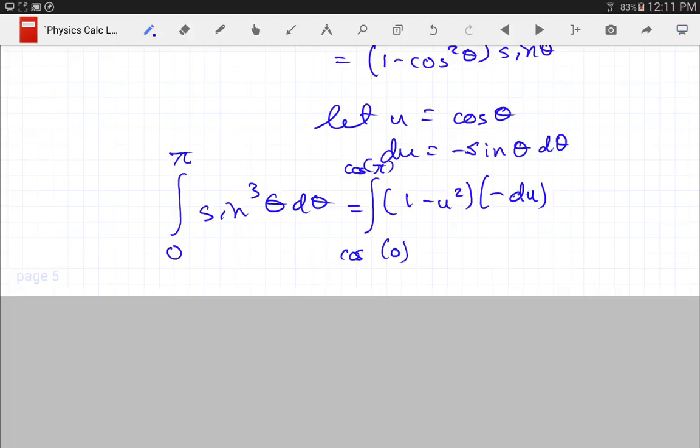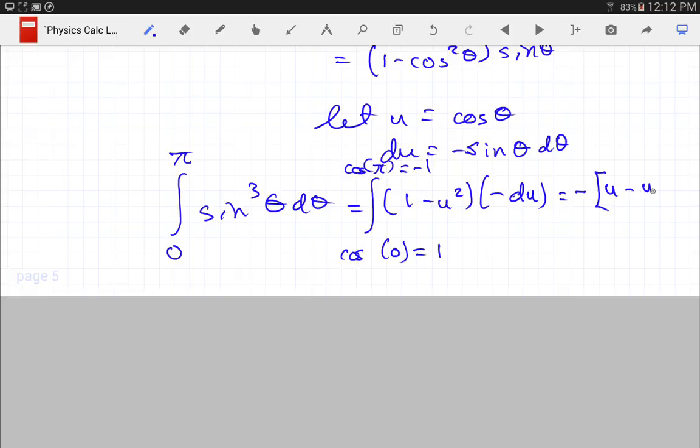Since I made the substitution that u is cosine theta? What is cosine of 0? What's cosine of pi? Minus 1. So I'm integrating now from 1 to minus 1. Do the integral, and this minus sign I'll put out front.